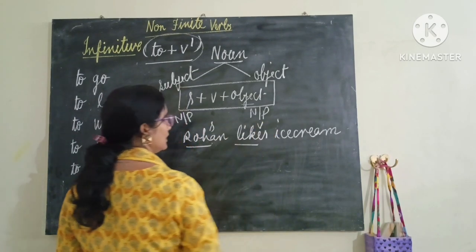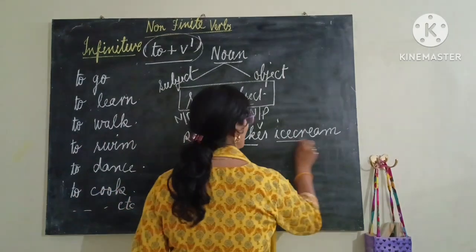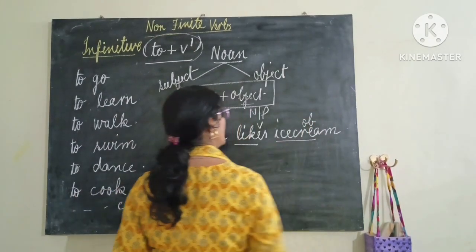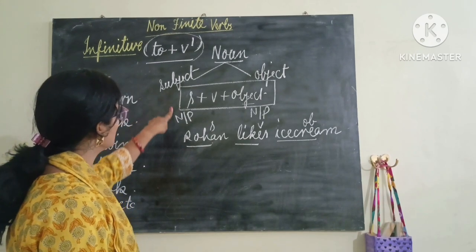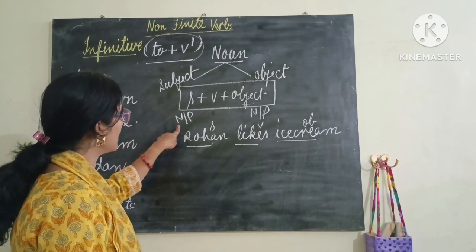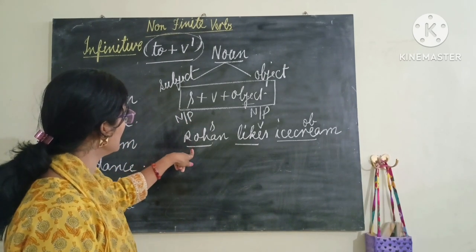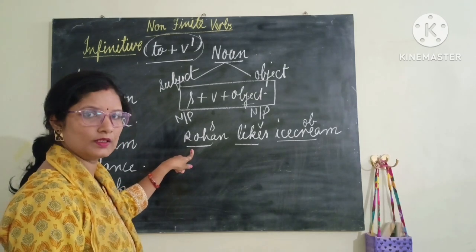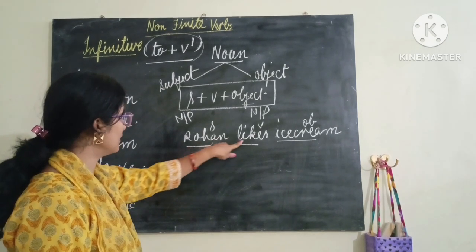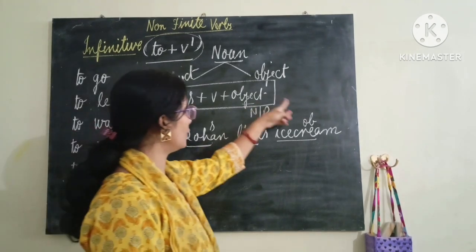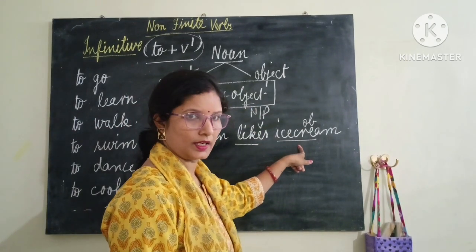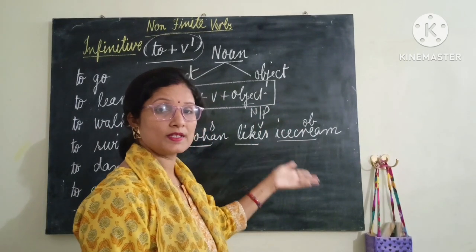Likes, verb. Ice cream, what is this? This is the object. And what we have seen here is that the subject is always a noun or pronoun. Rohan, subject. Before the verb, always the subject, you know, children, and after the verb, always the object, if the verb is transitive.